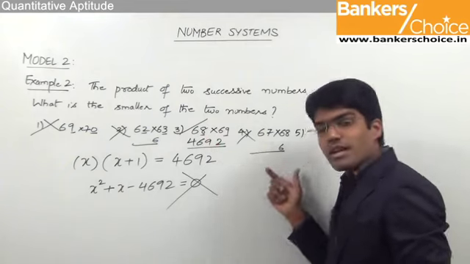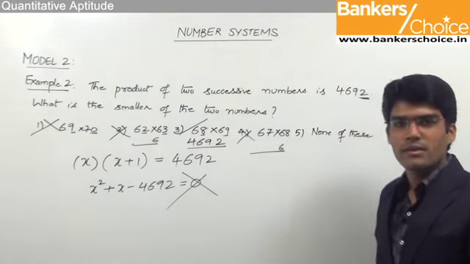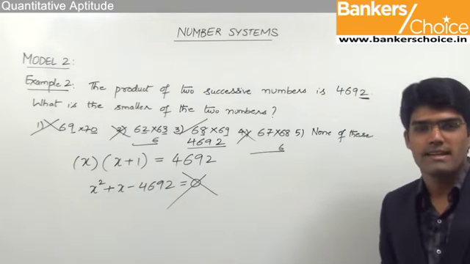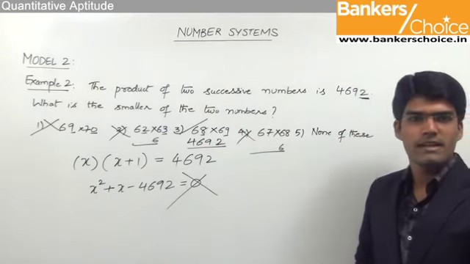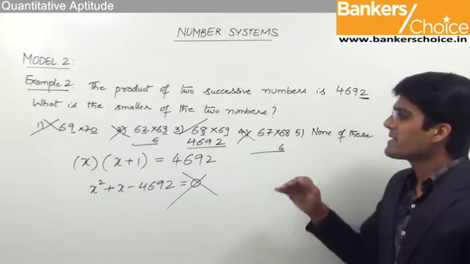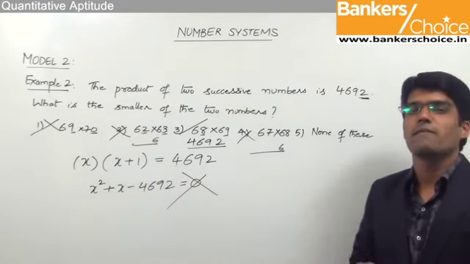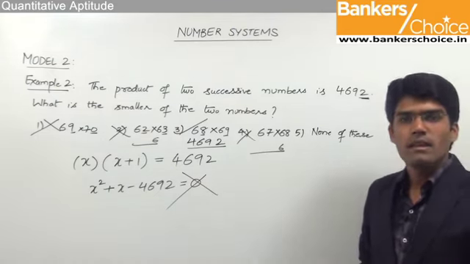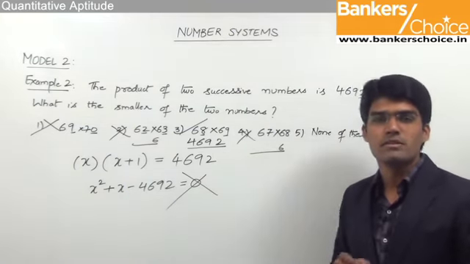Now this product has to be actually multiplied and verified, and it will come out to be 4692. So we can say that option 3 is the correct answer. If this is not equal to 4692, then option 5 has to be the correct answer. So this is how, simply by eliminating the wrong options based on the concept of units place, you can find out what is the correct answer. In some cases, more than one option may satisfy the last digit, that is the units place.